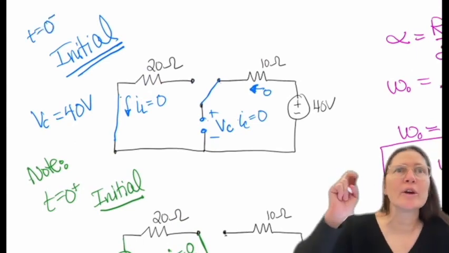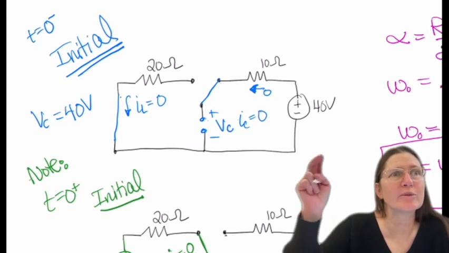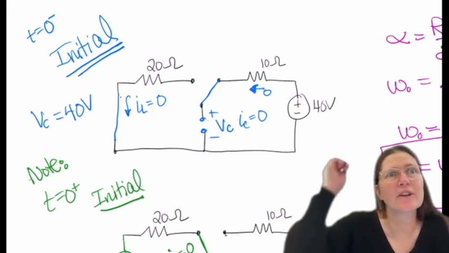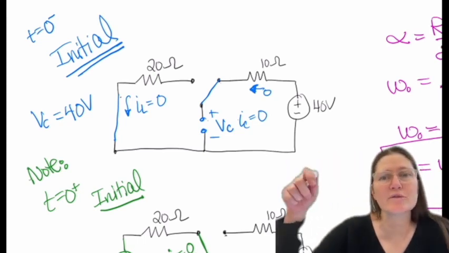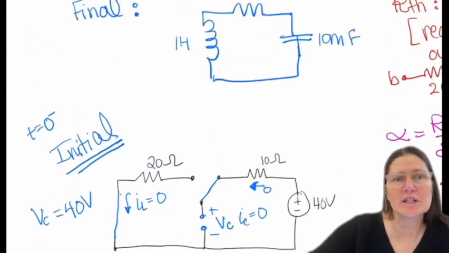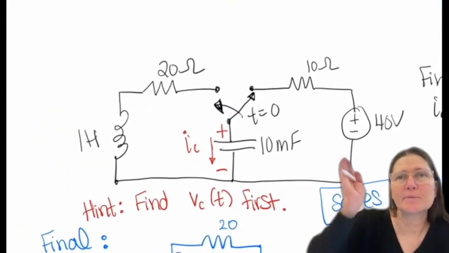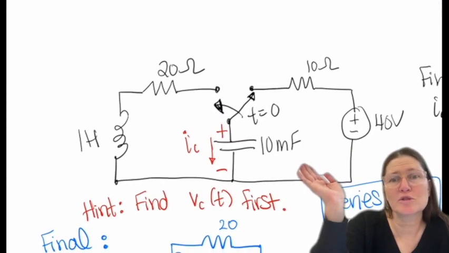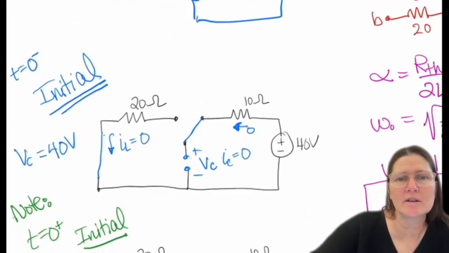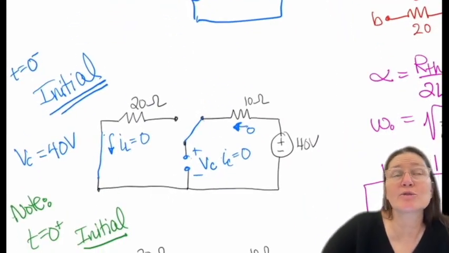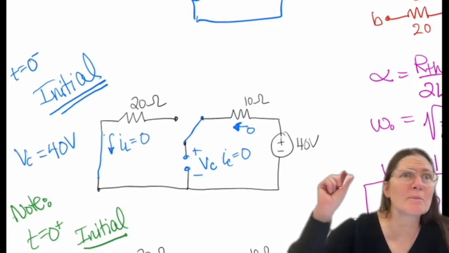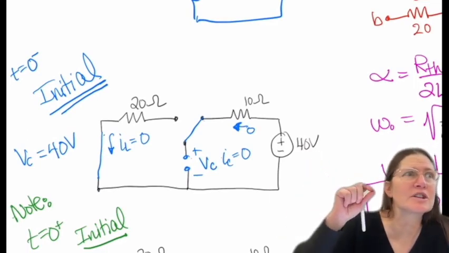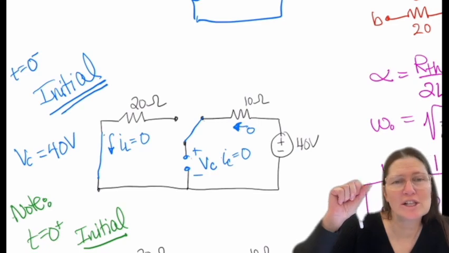Redraw the circuit, leave out the switch, leave out the elements, and then decide at that time what each of those is doing. At t equals 0 minus, that's before it's moved, so it's going to go to the right. I drew that one in. Then you assume it sat there for a long time, so the capacitor is open, the inductor is a wire.